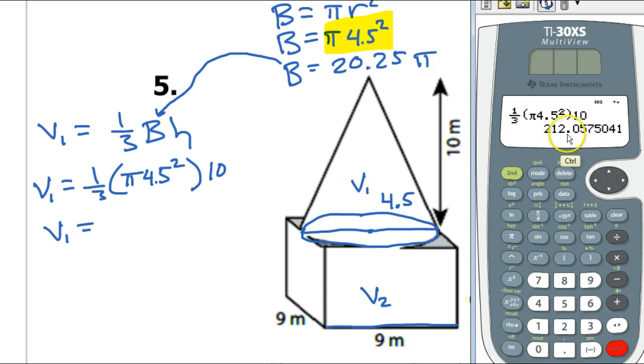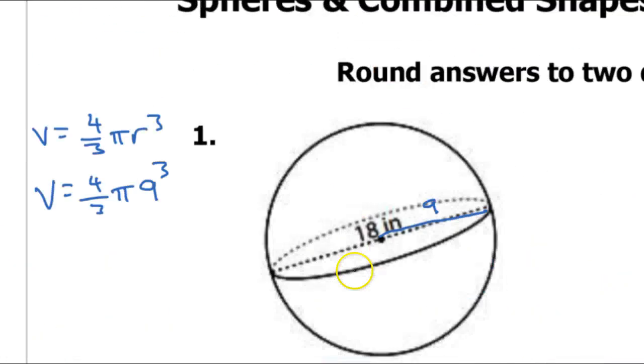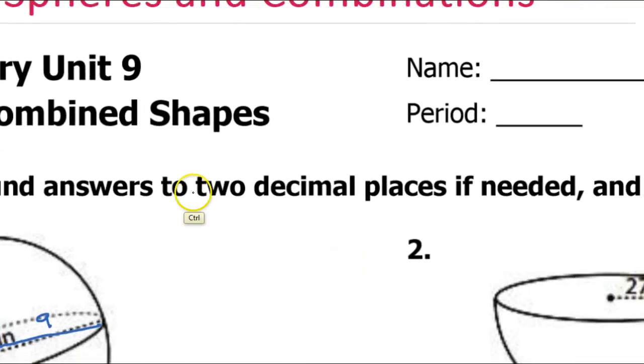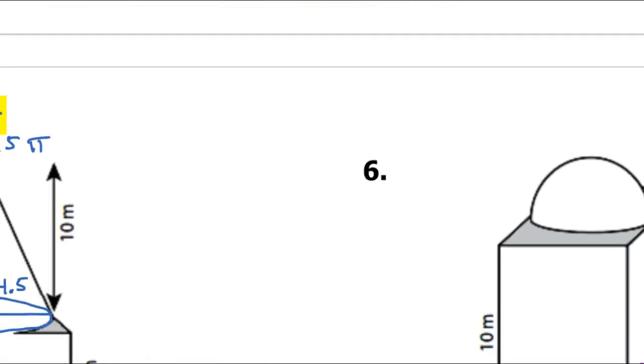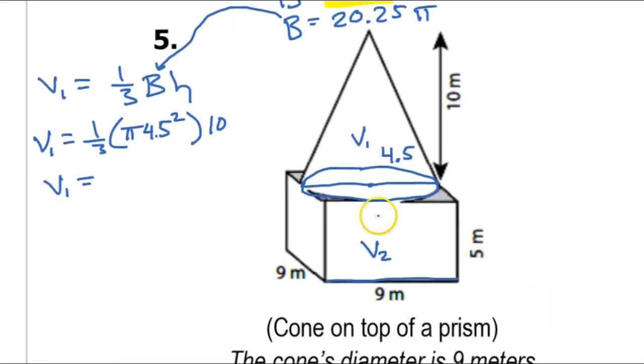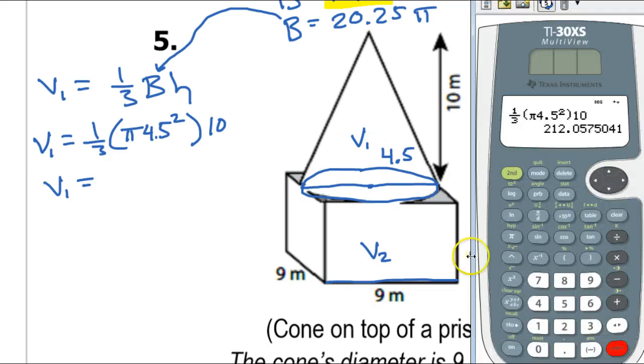So here's what I would suggest. Did they tell us how many decimals we need on this lesson? 2 decimal places if needed is what they said. So if I were you, because it's not the end of the problem yet, even though in the end we want 2 decimal places, right now I would write down 4 decimal places. Just write down a ridiculous amount of decimal places.